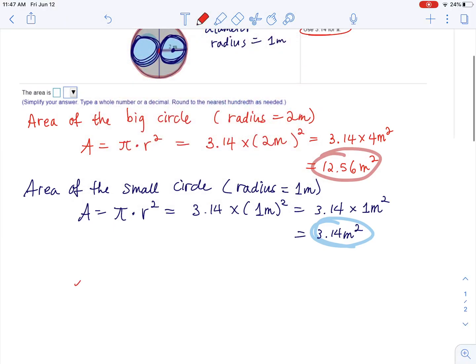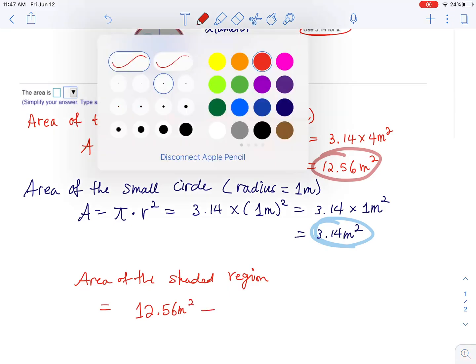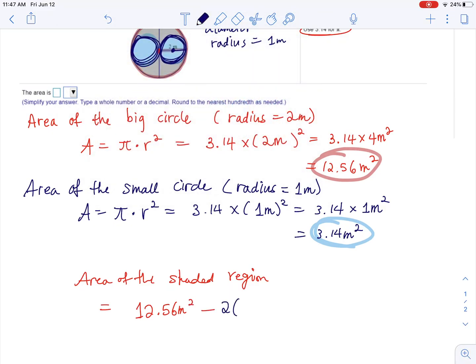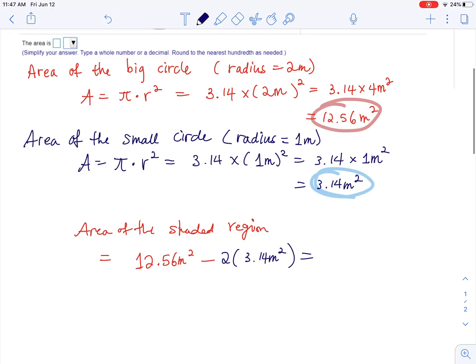So, area of the shaded region is equal to 12.56 meters squared minus 2 times 3.14 meters squared, because I'm not only subtracting one, I'm subtracting two small circles from it. 2 times 3.14 is 6.28 meters squared.